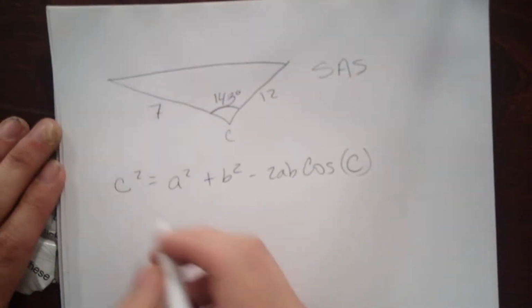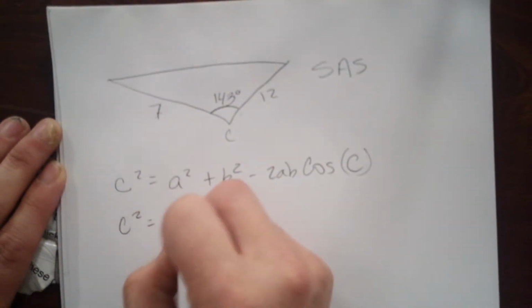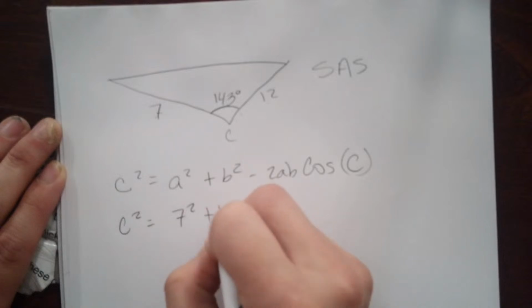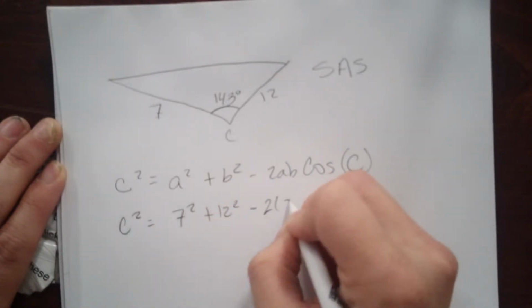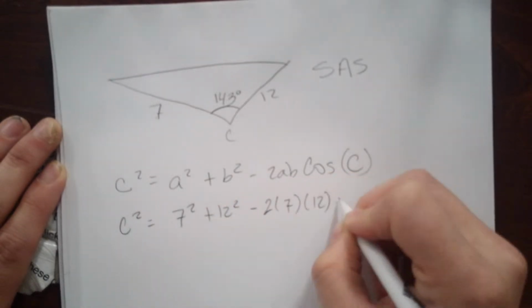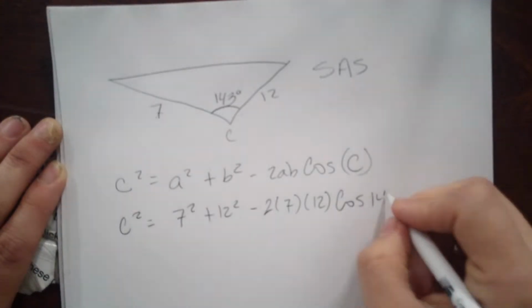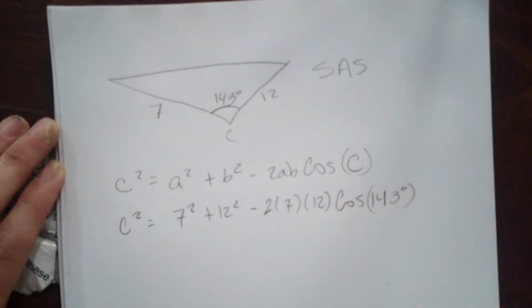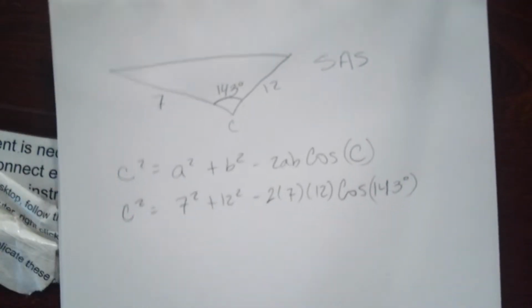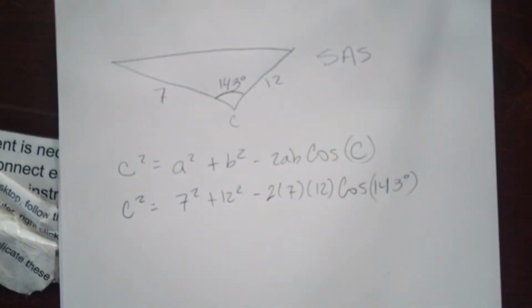So I get C squared equals 7 squared plus 12 squared minus 2 times 7 times 12 times cosine of 143 degrees. I could plug this whole thing into a calculator as is, making sure I'm in degrees. And then, how do I get C all by itself? Take the square root.